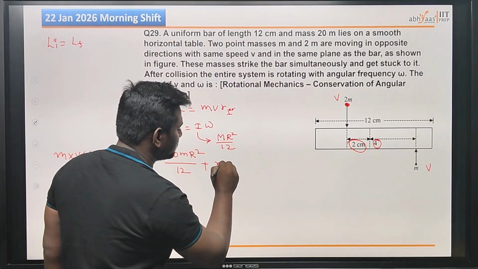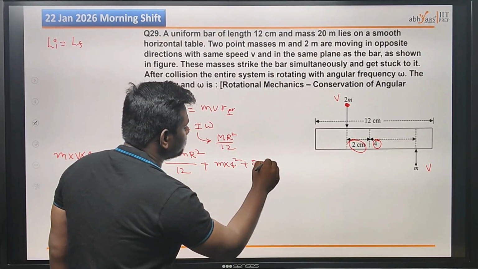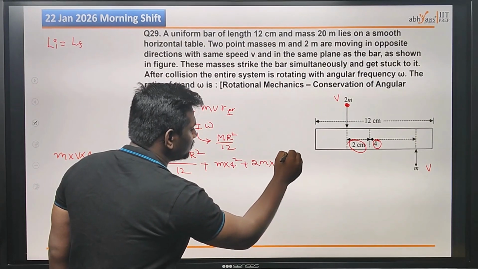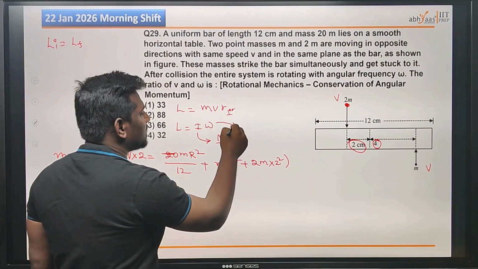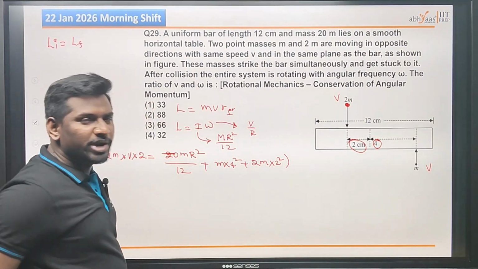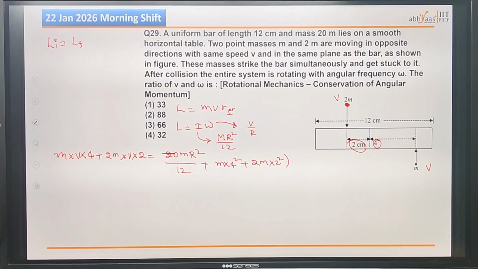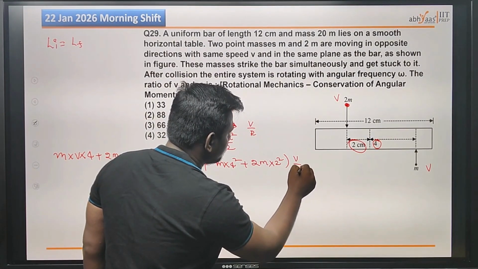What is that m? Distance. That is 4 square plus 2m into 2 square into omega. We know this one. Omega can be written as v by r. So I am writing here v by r.